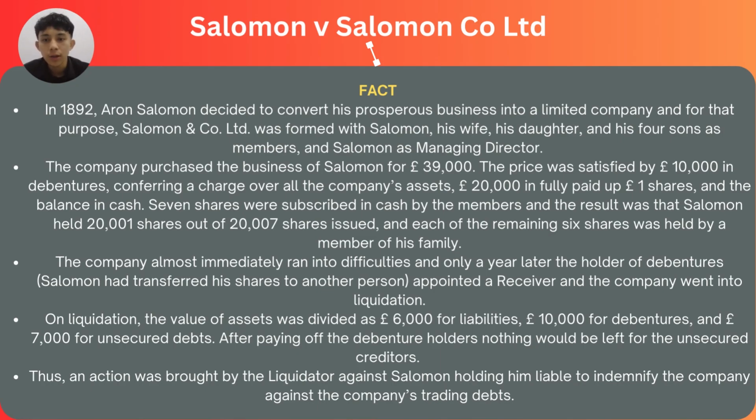On liquidation, the value of assets was $6,000 against liabilities of $10,000 for debentures and $7,000 for unsecured debts. After paying off the debenture holder, nothing would be left for the unsecured creditors. Thus, an action was brought by the liquidator against Salomon, holding him liable to indemnify the company against the company's trading debts.